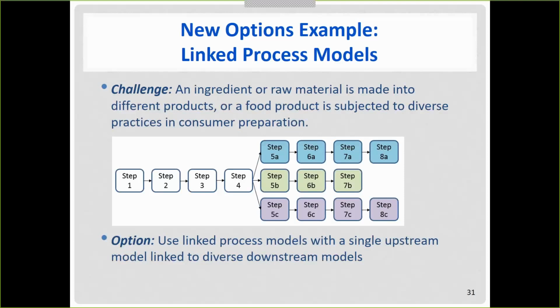A fruit ingredient may be used in ready-to-eat salad and frozen desserts. The initial prevalence and levels of bacterial contamination may be the same, but the growth potential may differ under refrigeration versus frozen conditions. So we can use this new feature to create a single upstream model that is then linked to different downstream models.